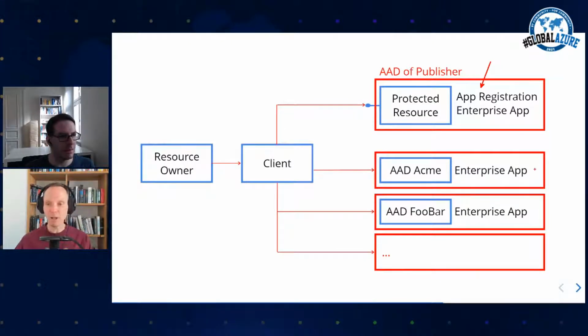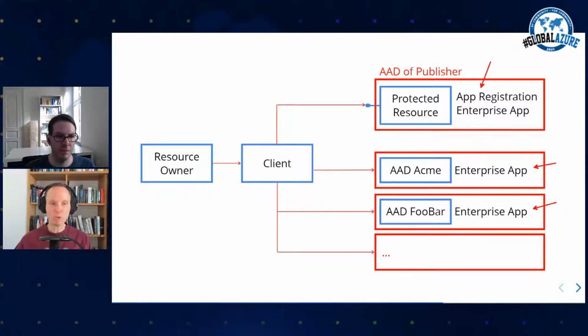But here in a multi-tenant app, you see that in the Azure Active Directory of the users, this is the customer's Azure Active Directory, they only have what is called an enterprise app, also called a service principal.